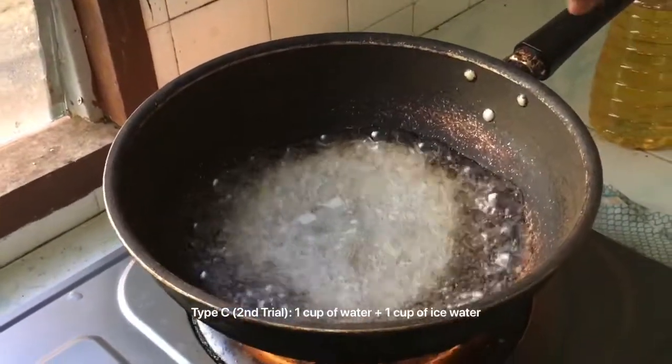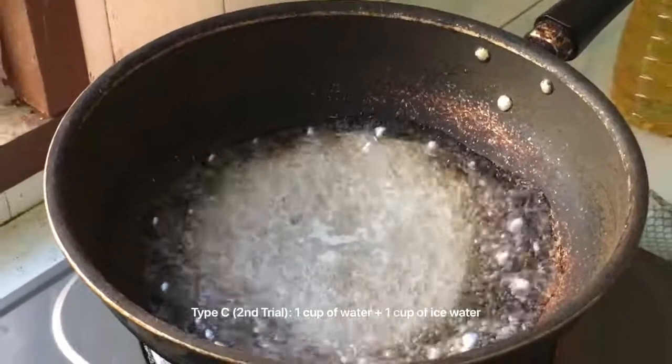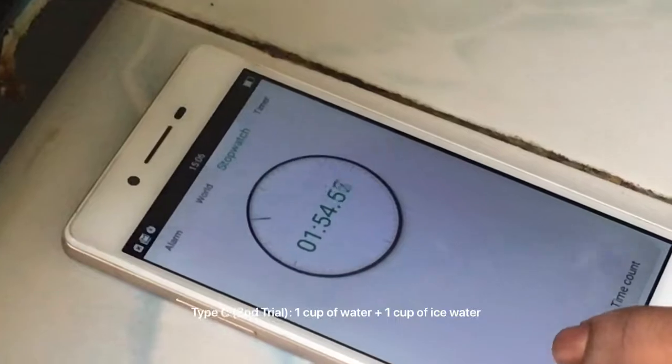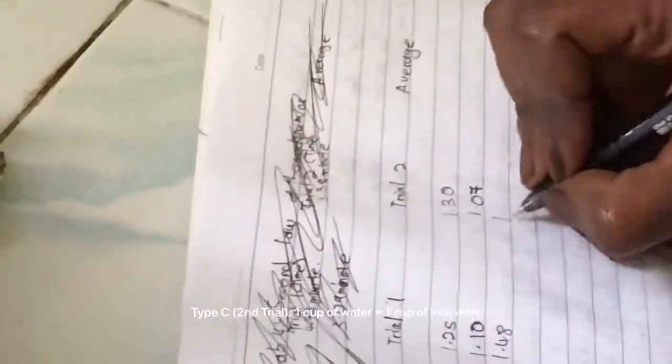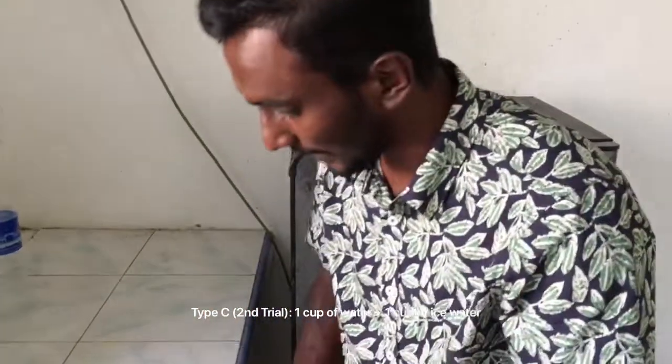Okay, you can see the water is boiling. Okay, now I'll stop the timer. The water has already boiled. Okay, the time taken was 1 minute 55 seconds for this second trial.